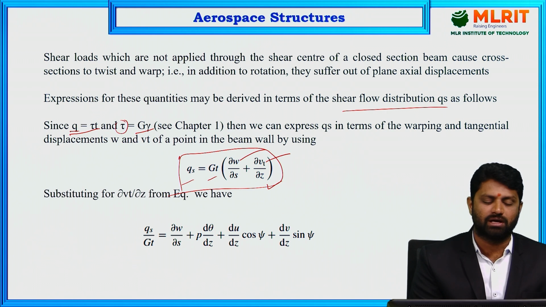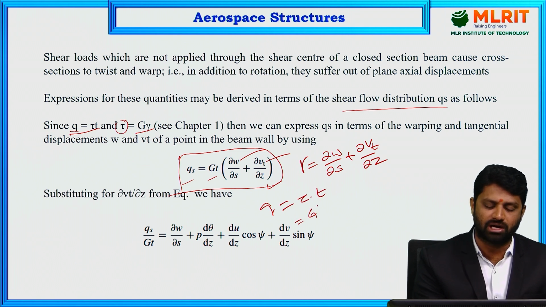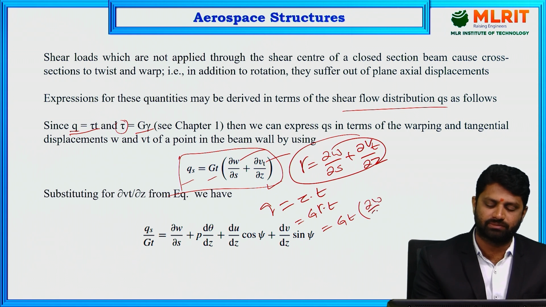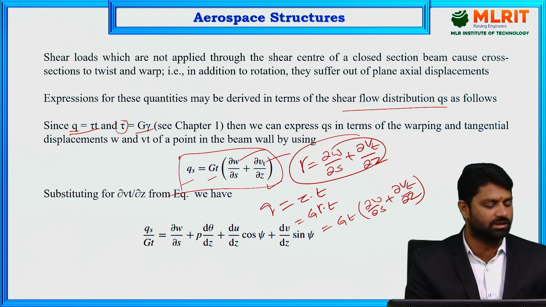That means we write gamma as the shear strain, given by ∂W/∂s plus ∂Vt/∂z. Since Q equals tau into t, and we replaced tau as G into gamma, substituting gamma, Gt into (∂W/∂s plus ∂Vt/∂z) is the shear flow distribution that we got.